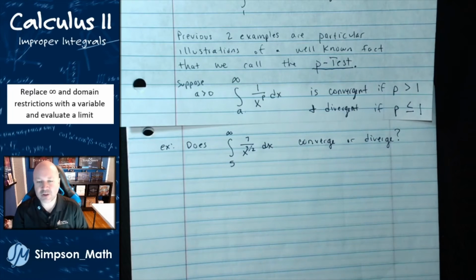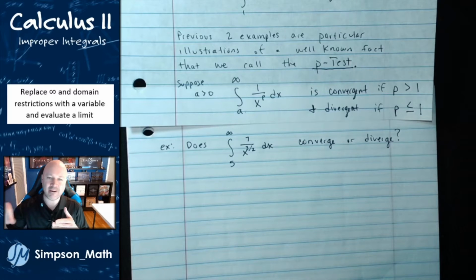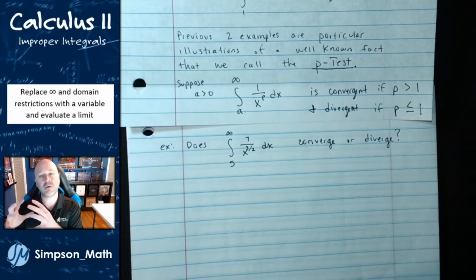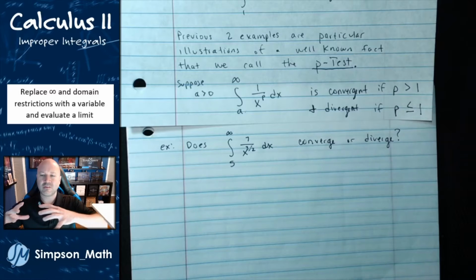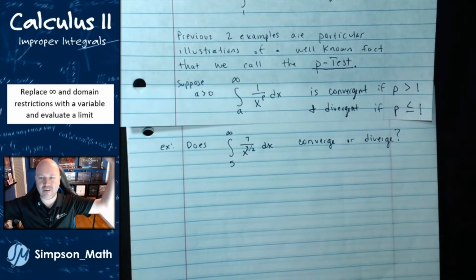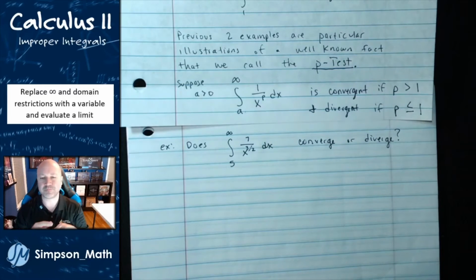So I'm given this integration problem from 5 to infinity of 7 over x to the 3/2 power. And all I want to know is, if I start adding up that area, will it converge to a number, or is it the situation where it just diverges and I'm going to have infinite area?